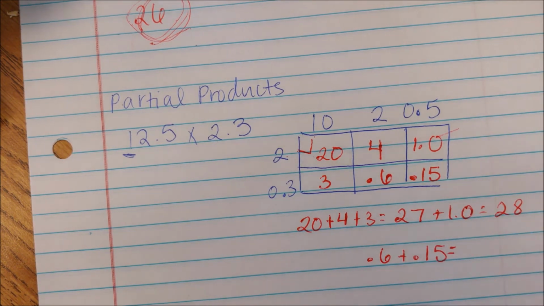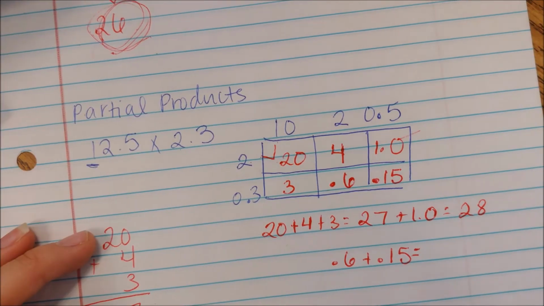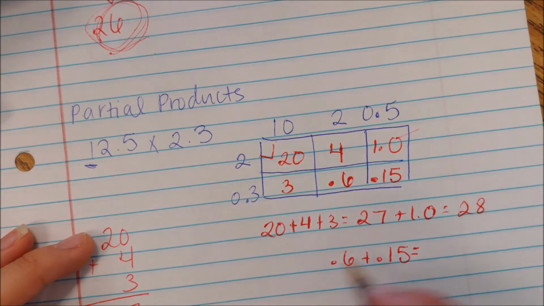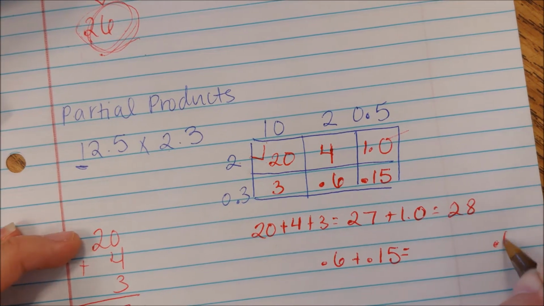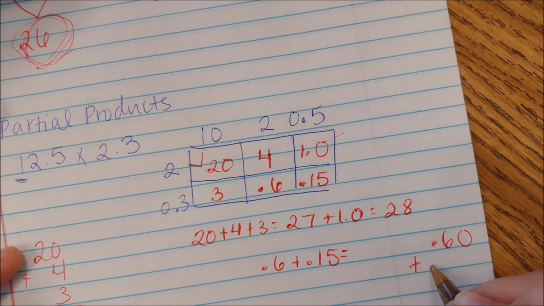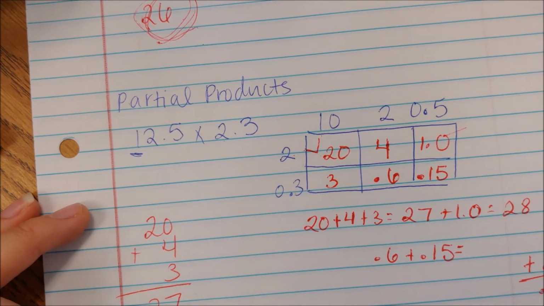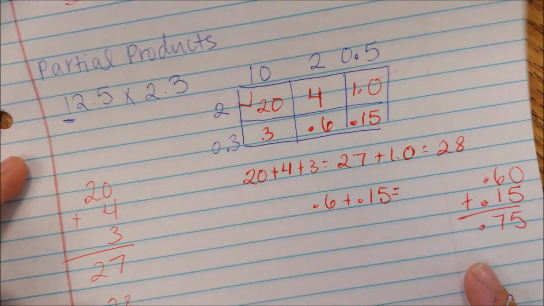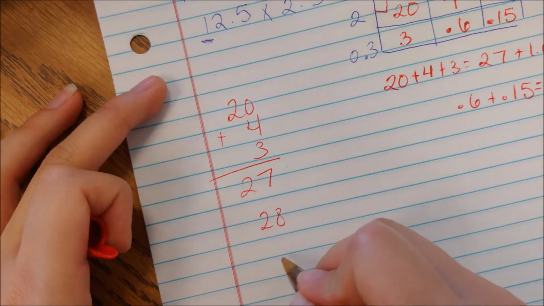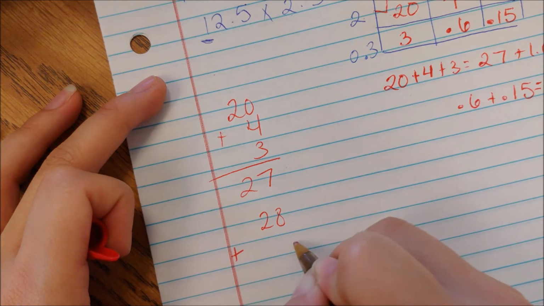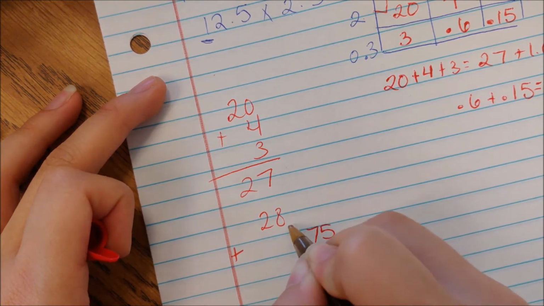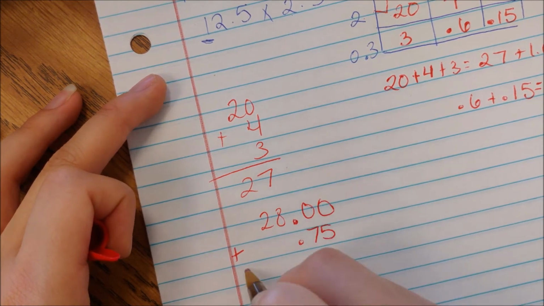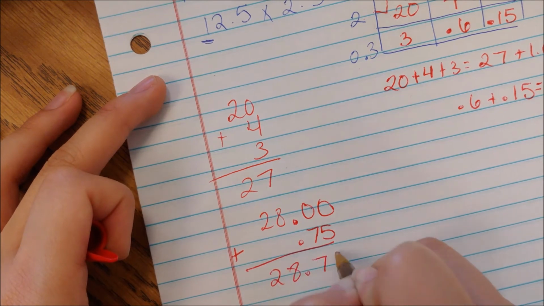Alright, so I need to line this up because this might confuse people. 0.6 is the same thing as 0.60. And that equals 0.75. And so I add 28 plus 0.75. It's the same thing as having a decimal here. And that'll give us 28.75.